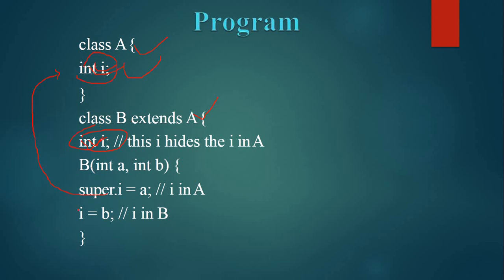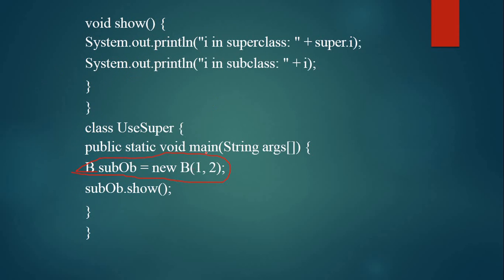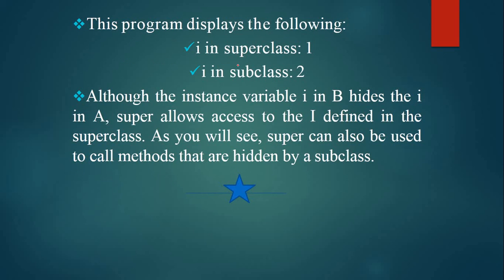If we print i = b, then the value 2 will be assigned to this.i, the subclass variable, not the superclass variable. So this is the second use of super. Using the super keyword, we can initialize our superclass members. So this will print: superclass i's value is 1 and subclass i value is 2.